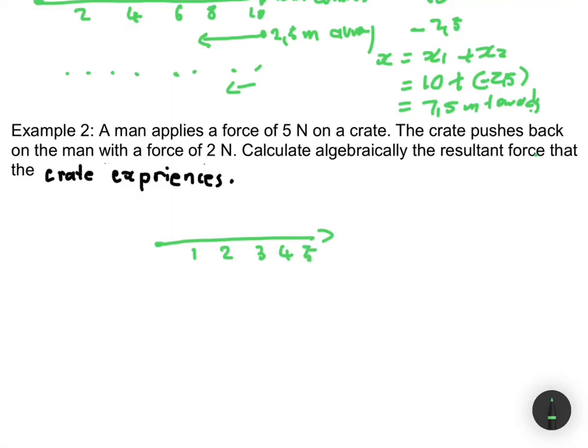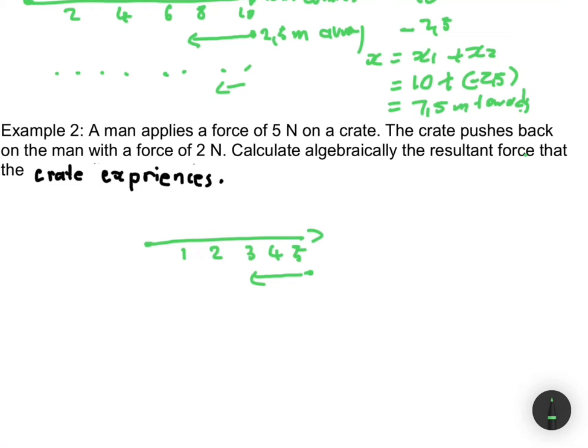And then the crate is pushing back on the man with a force of 2 newtons. So we start where we ended and we go back. Clearly from the graphical representation, we can see that the crate is going to experience a resultant force of 3 newtons. But then the question says, let's do it algebraically. So let's go ahead and do that.